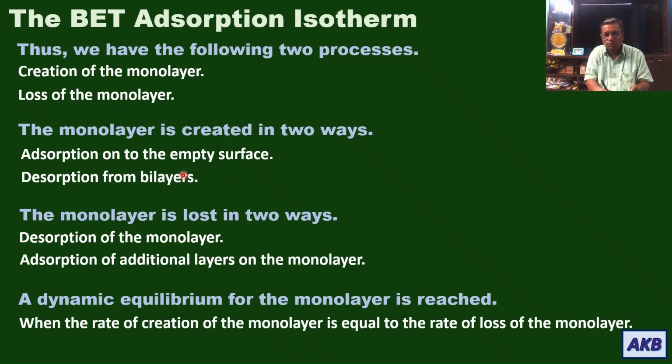When these two rates are added, you get the net rate of monolayer creation. Similarly, when you add the rate of desorption of the monolayer and the rate of adsorption of additional layers, you get the rate of loss of monolayer. A dynamic equilibrium is reached when the rate of creation of the monolayer is equal to the rate of loss of the monolayer.